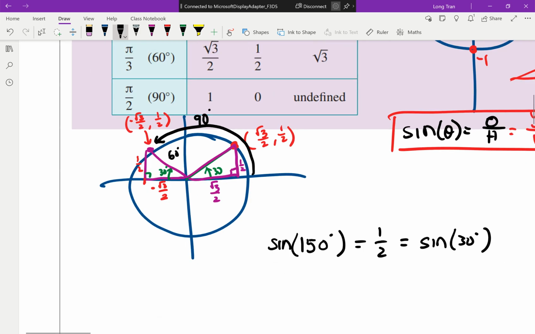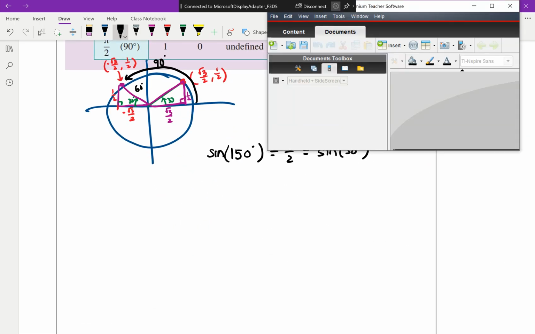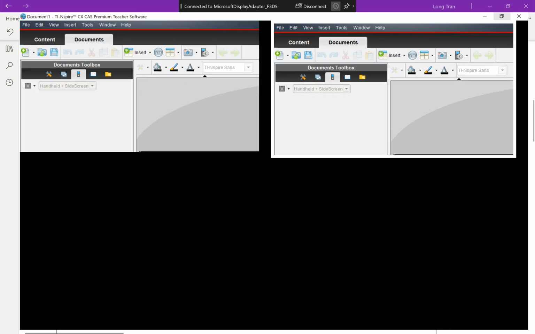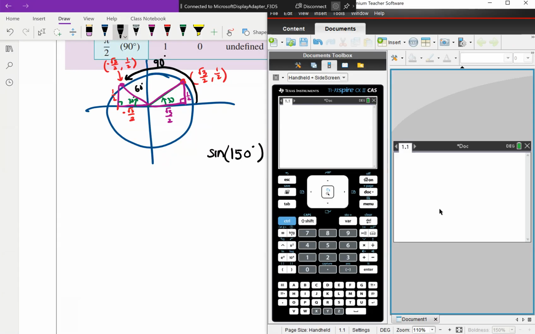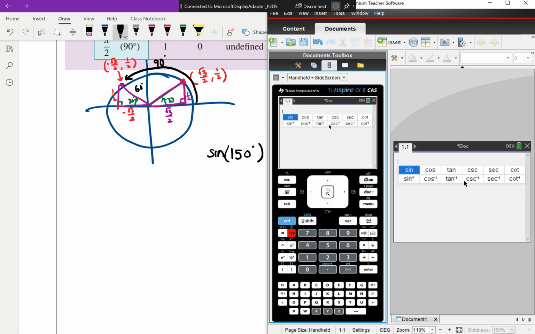Now, watch what happens. I'm going to use my CAS up here just so you can see. When I do sine, so trig next to the 7, trig, I'm going to do sine, make sure it's in degrees mode. If I do sine of 30, we know it was half. That was already a given. But notice when I do sine of 150, it's also half.